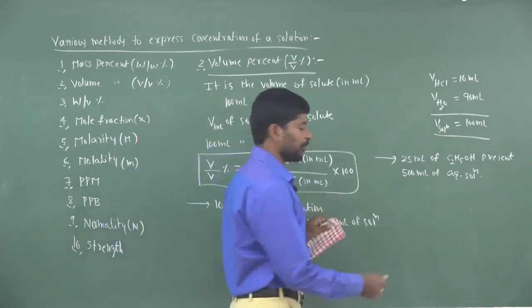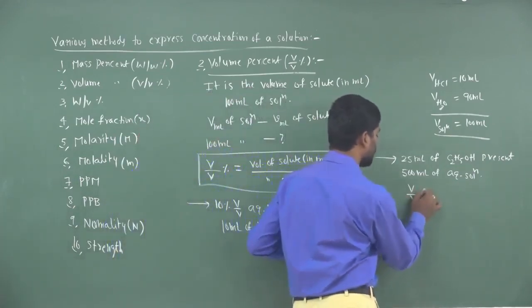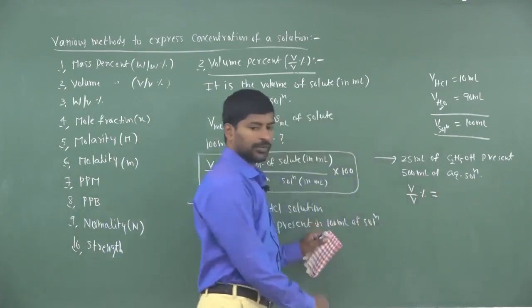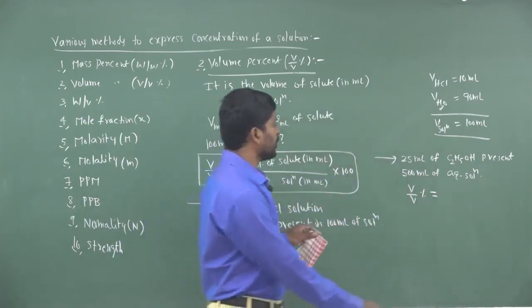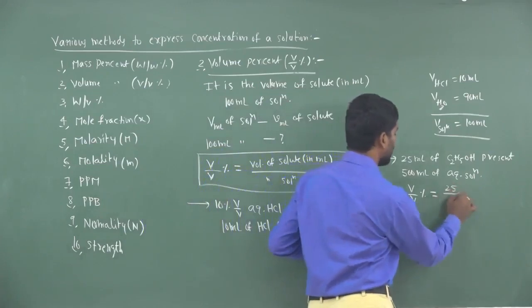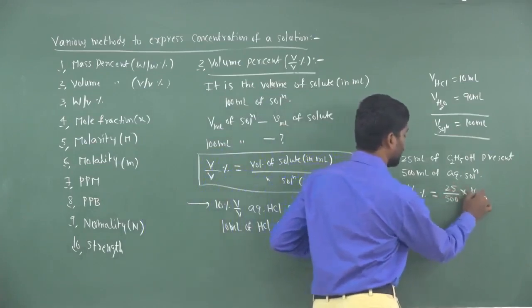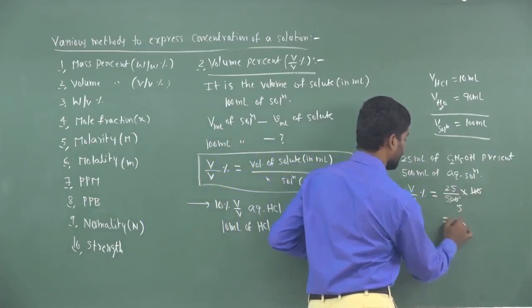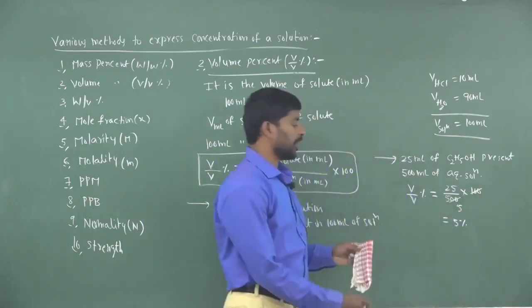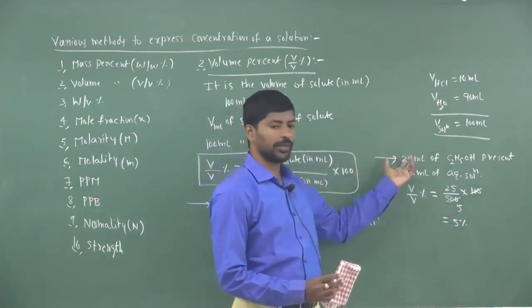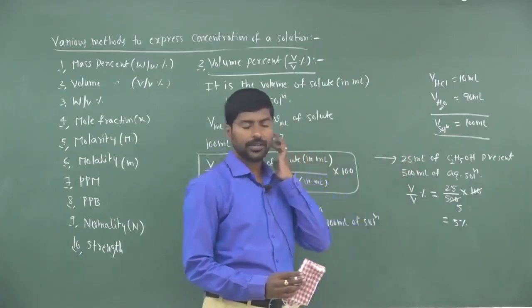What is its volume by volume percent? 25 by 500 into 100, right? That is 5%. In 500 ml, 25 ml means in 100 ml, how many ml is present? 5 ml is present. Okay, 5%.